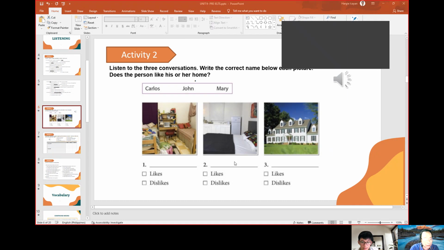Let's observe who among Carlos, John, and Mary has this particular picture, this one, and this one, based on the audio. Are you ready? Ready. Unit 5, Listening 1, Activity C.